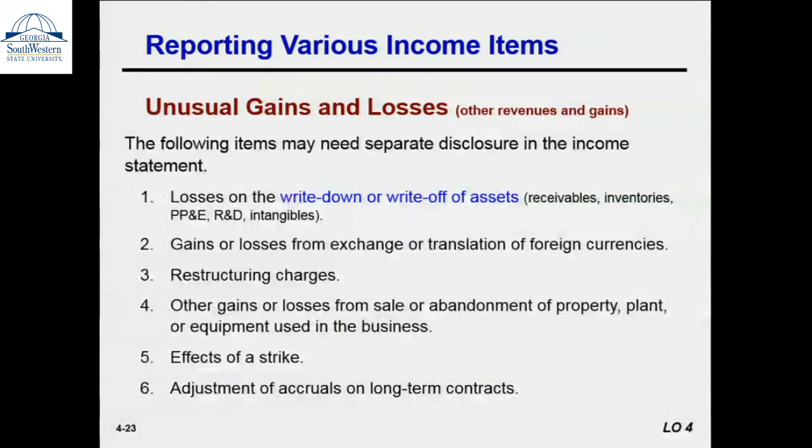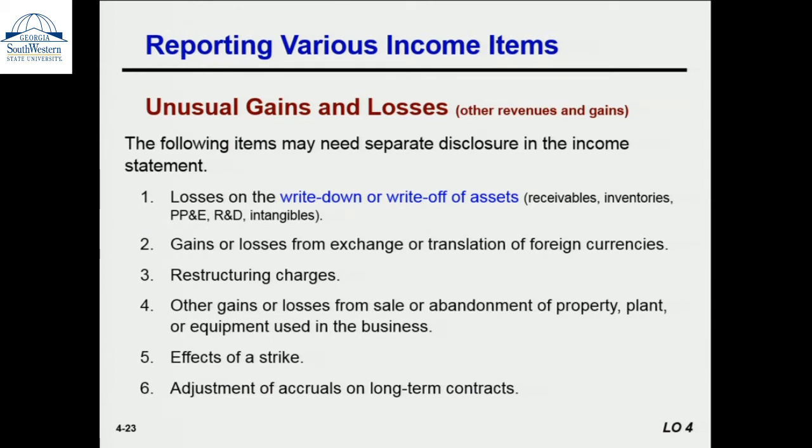And one thing they do say in the book too is that unless they tell you otherwise, it should be reported in other revenues and gains or other expenses and losses. So you know where those two sections are on the income statement, right?